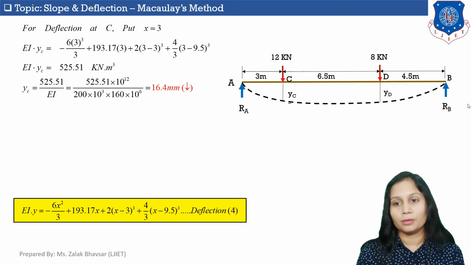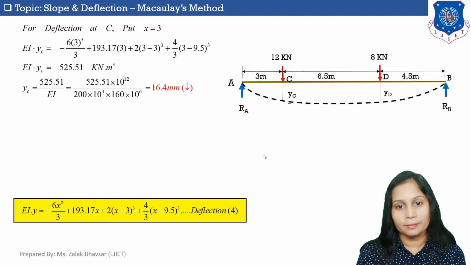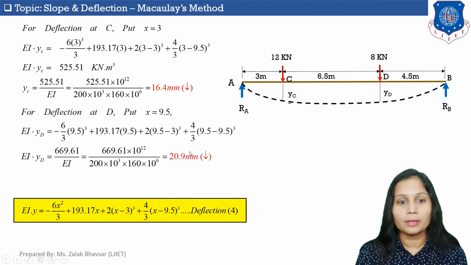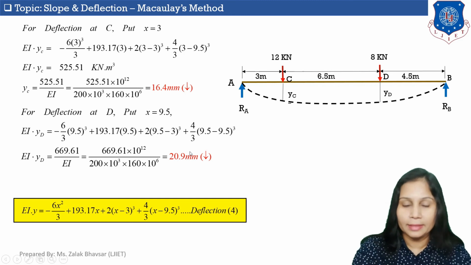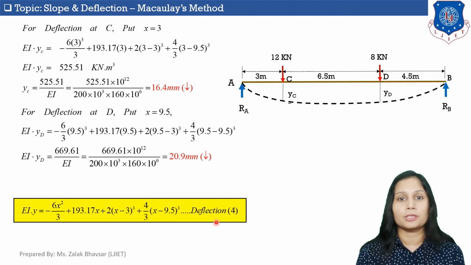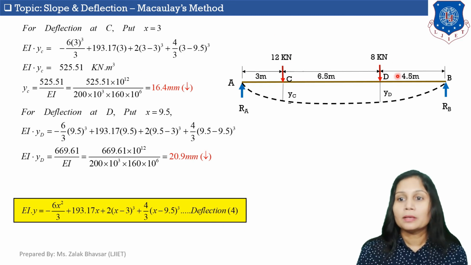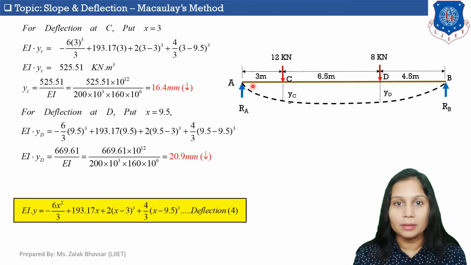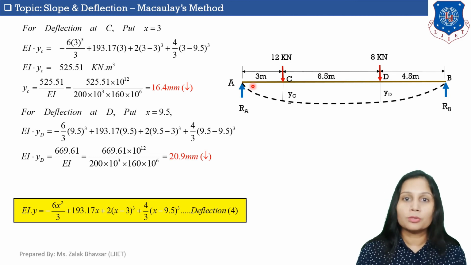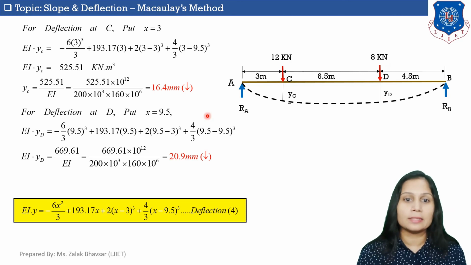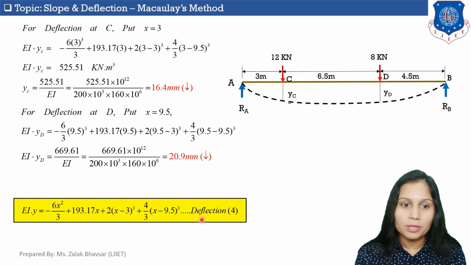Now let's calculate deflection YD. For calculating deflection at D, we need to put value of x in this deflection equation. Point D is at a distance 9.5 meter from point A. So for getting deflection at D, we will put x is equal to 9.5 in this deflection equation.